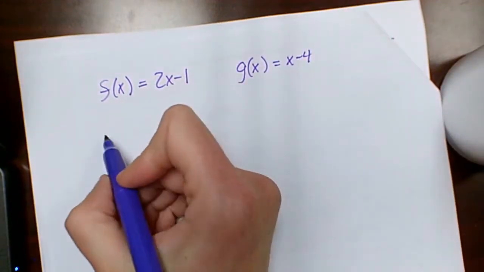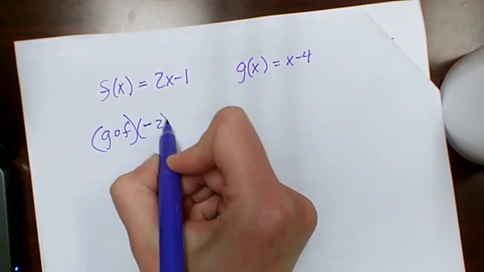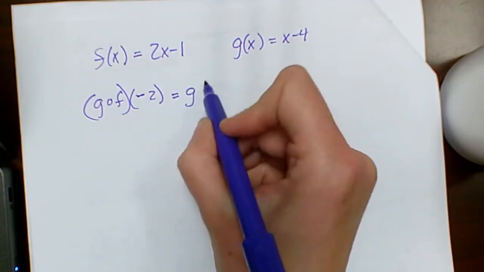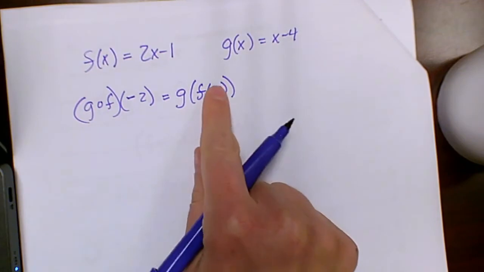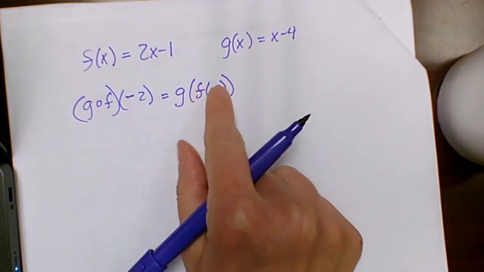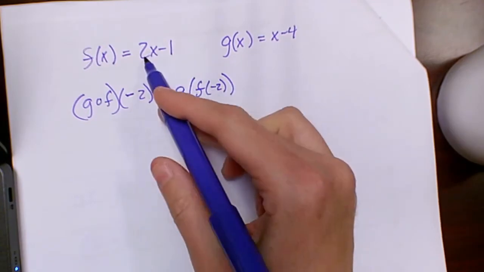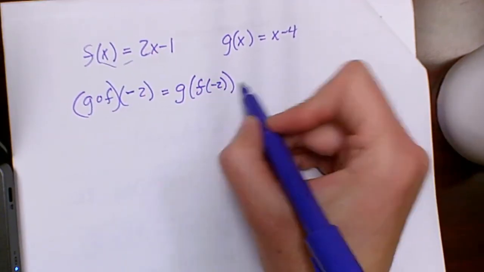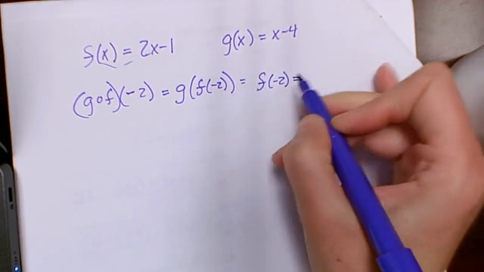And this time we are going to evaluate g of f of -2. I always rewrite this as g of f of -2. I always like this way because what you're going to do is evaluate from the inside going outward. So f of x is 2x minus 1, but we are going to replace the x with a -2.